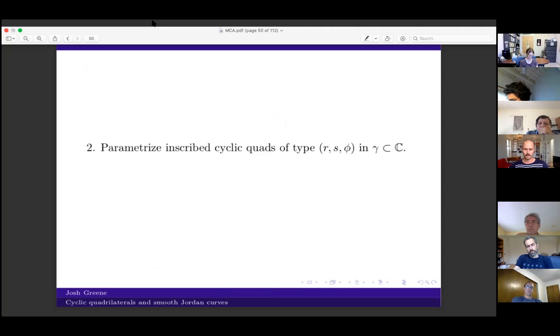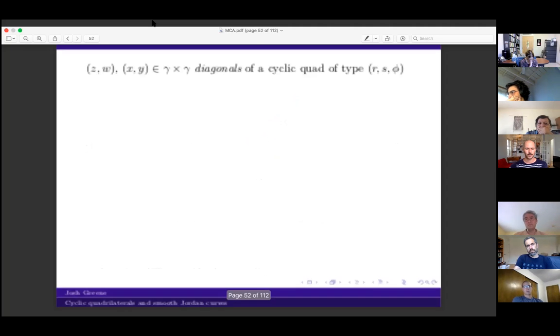And now for the first time, I'm thinking of gamma as a curve in the complex plane, which is useful for the perspective to come. So the pivotal idea, coming from Vaughan's work, is to think about breaking up the cyclic quadrilateral, or in Vaughan's case, the rectangle, into its 2 diagonals.